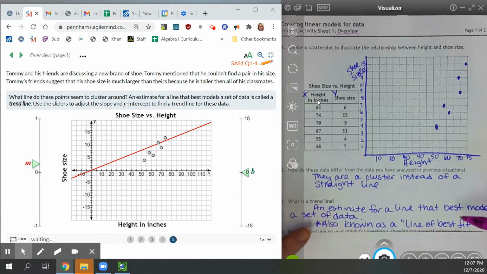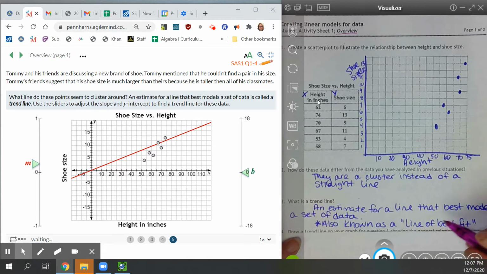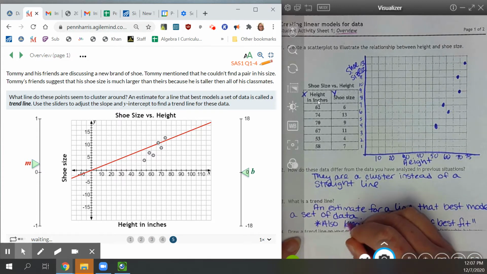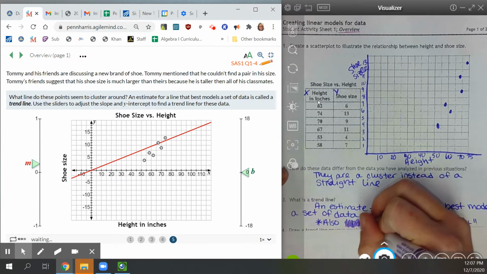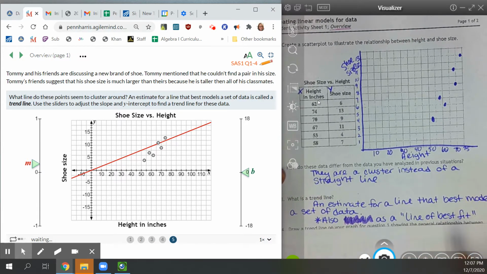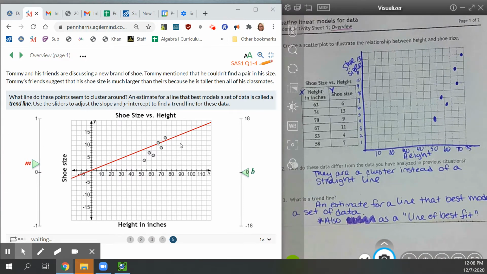I want us to take note that this is very similar. It is not also known as a line of best fit, but it is similar to the line of best fit.